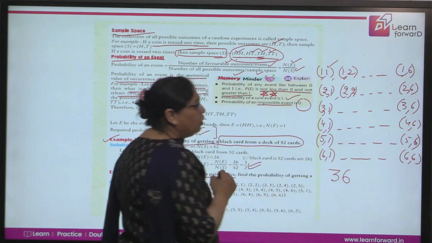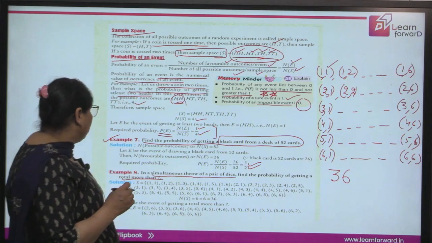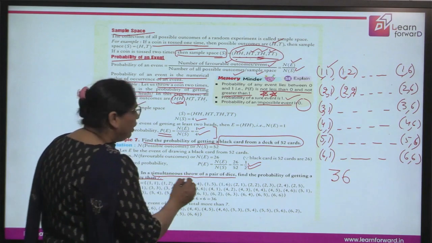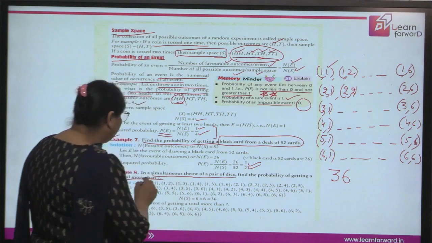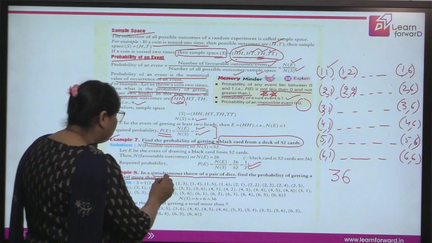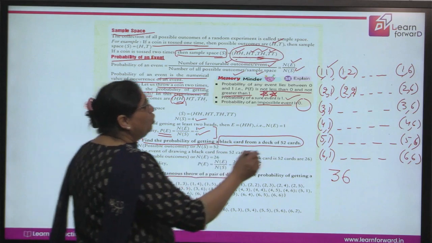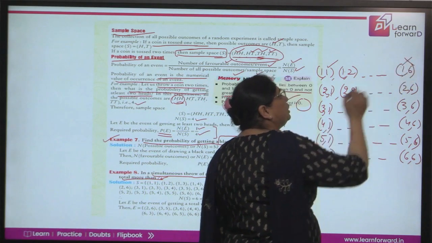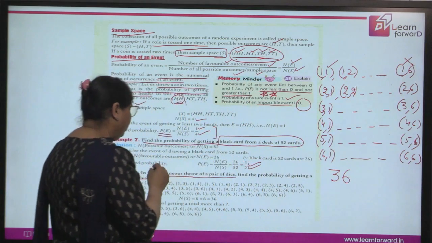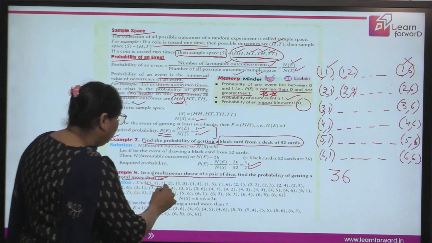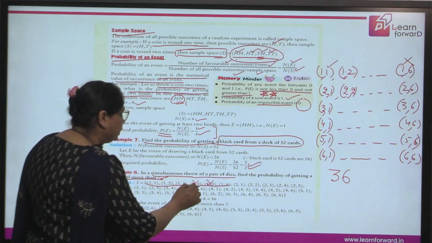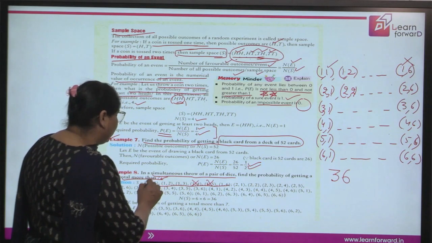But what we have to find is the probability that the sum is more than 7. In the first case, if we go 1 1 till 1 6, it is not more than 7, so we will delete it. This is deleted because more than 7 is required as per our question.